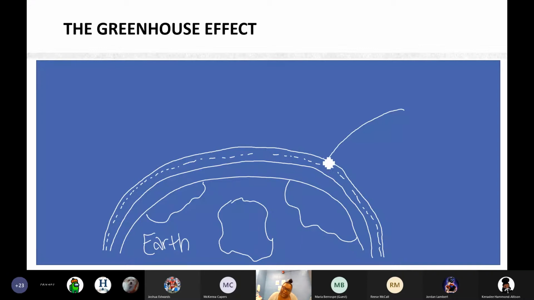That dotted line there is our ozone layer. Now, when the sun's radiation, heat waves, let's make that a little bit bigger.